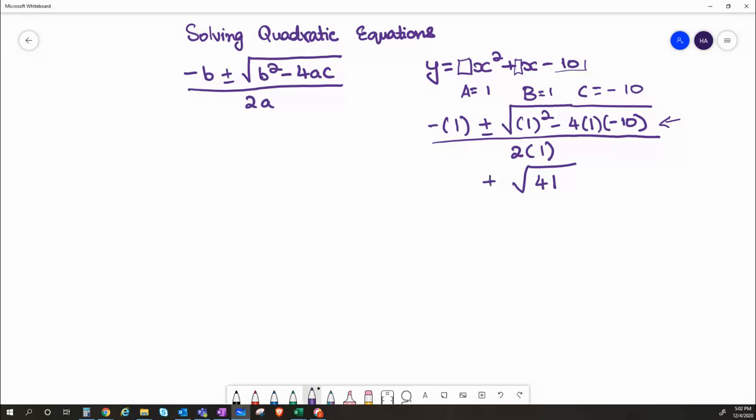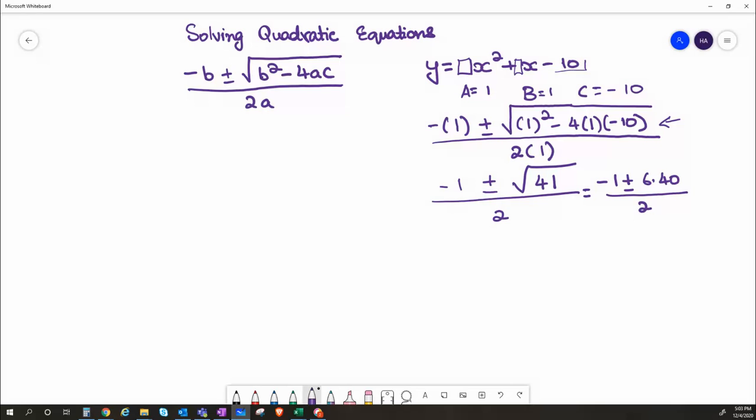Now your next step should be simplifying this root. You can use your calculator to find the square root of 41, which is 6.40. So now you have negative 1 plus or minus 6.40 over 2.